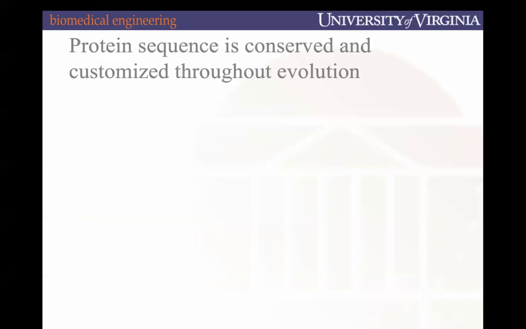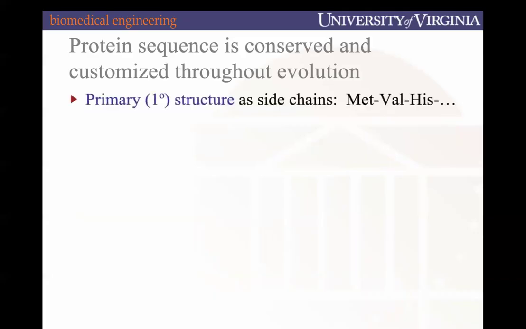So two important qualities of protein sequences is that they're both conserved and customized over the course of evolution. We'll talk about in a moment the way in which they're conserved and customized. When we talk about proteins, there's multiple degrees of structure. So the first is primary structure.